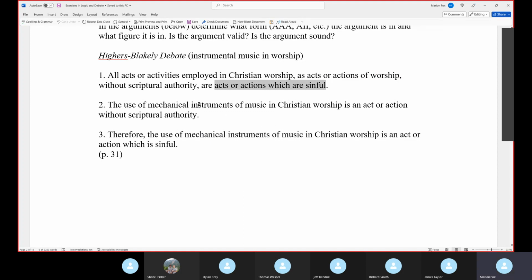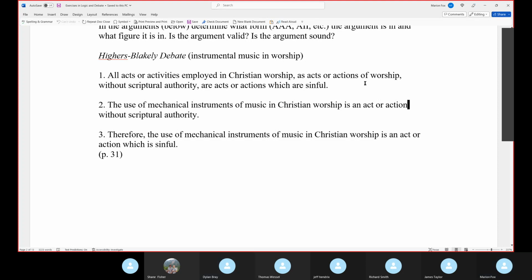Now, what is this up here? That's a correct start for a proposition. Yes, it is, but that's your middle term, isn't it? Act or action without scriptural authority. And he should have added "of worship."